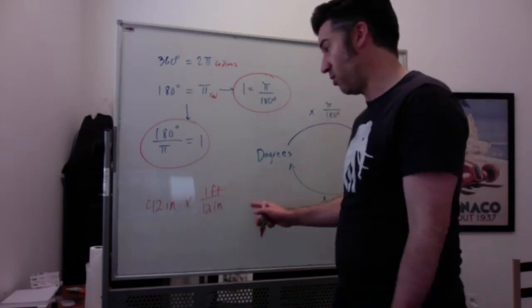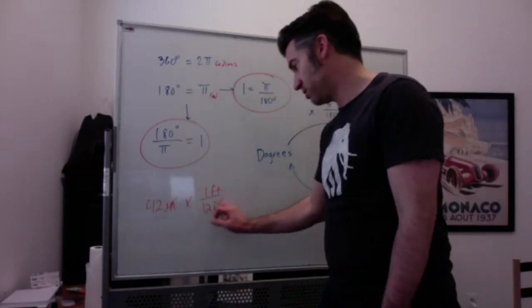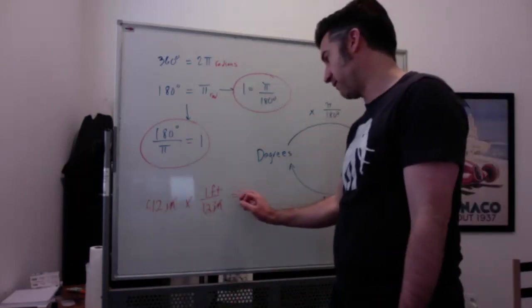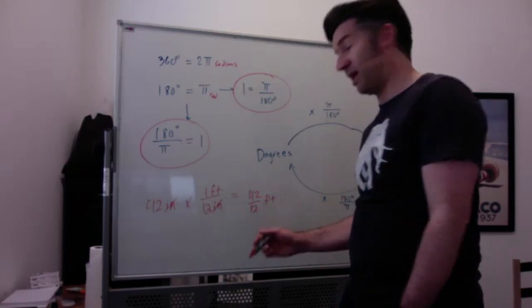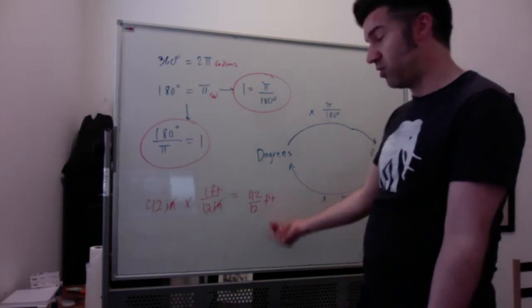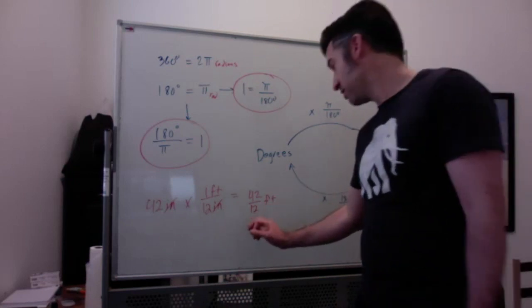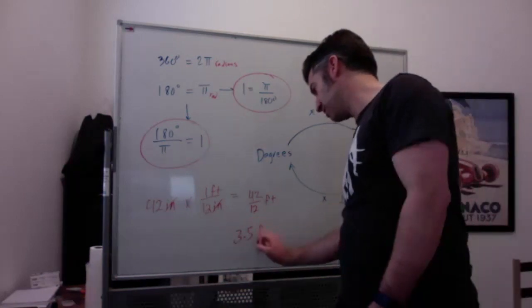I can multiply this by 1. I can cancel those units, and now I get 42 over 12. And I can reduce that. That 42 over 12 is 3.5. This is 3.5 feet.